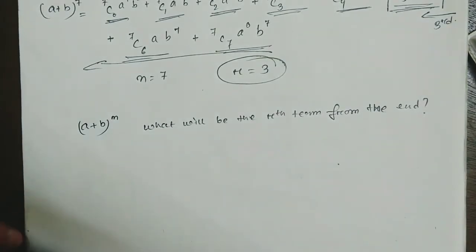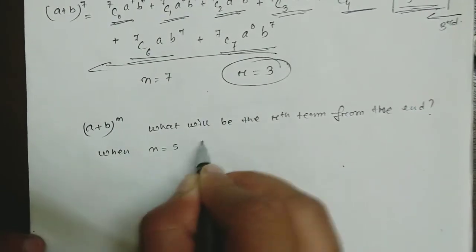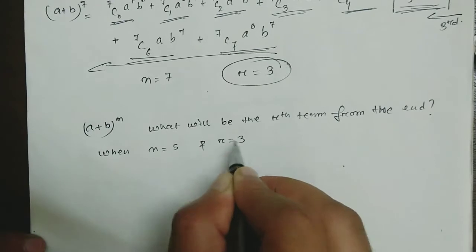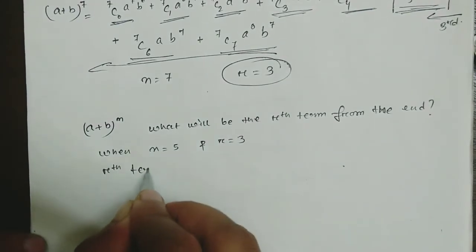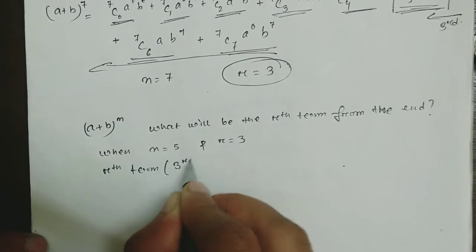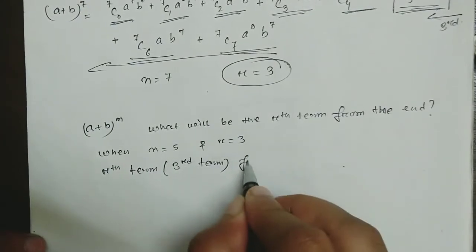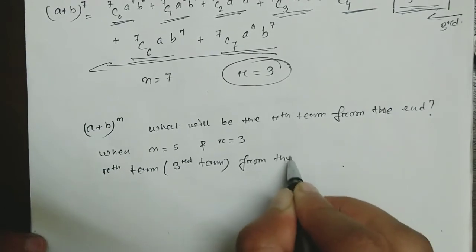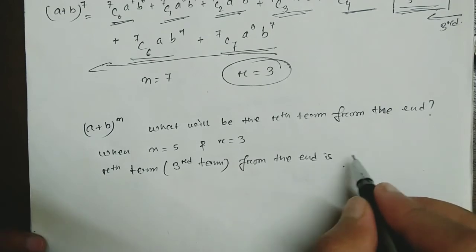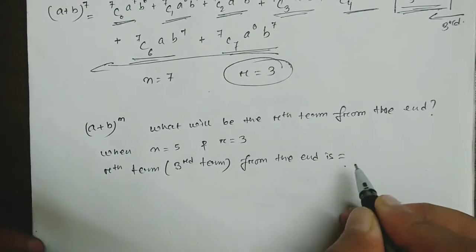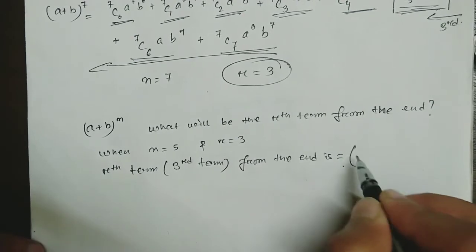Okay, we have seen when n equals 5 and r equals 3, the rth term or third term from the end is equal to, now we are going to write something.